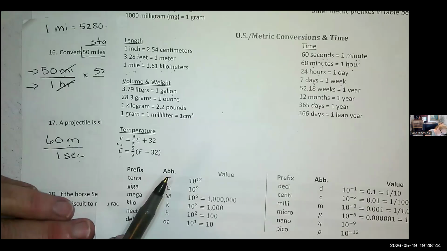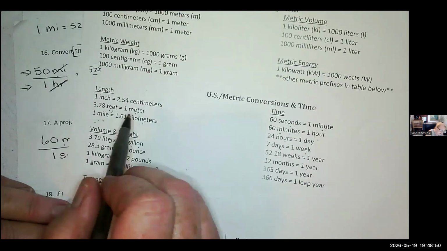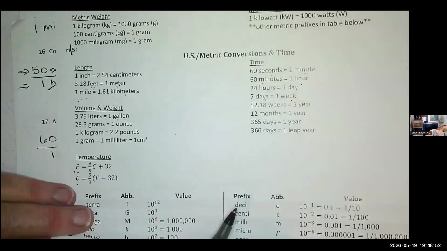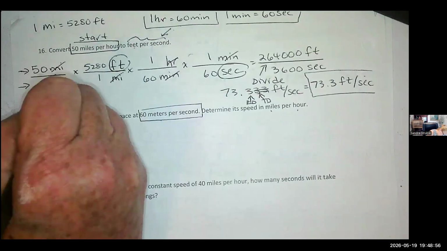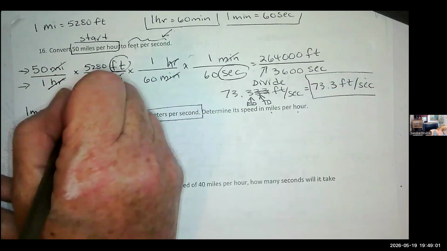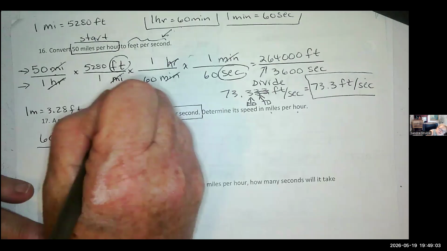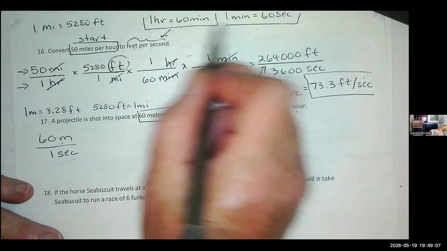Yeah, so I thought. So we can go from meters to feet and then feet to miles. So meters to feet is 3.28 feet per 1 meter. And we're going to miles. So 5280 feet is 1 mile. And then we're going to use these 2 conversions here. So we've got 4 conversions to do.